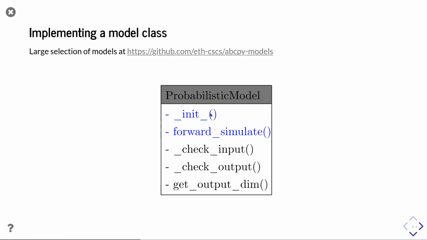Every model is defined through a class and has to implement 5 methods. You have, of course, an initialization method. You have the forward simulate method, which I mentioned before, which is needed for generating simulations from the model. And then you have 3 helper methods, which are basically used to check during the inference whether everything works correctly.